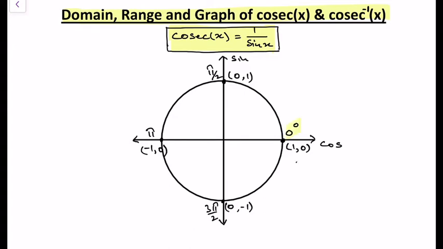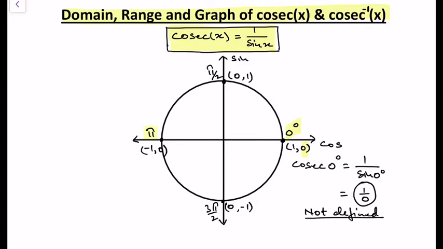Now at 0 degree, cosec 0 will be 1 over sin 0, and sin 0 is 0, so it will be 1 over 0, which is not defined. Now at pi, cosec pi is 1 over sin pi, where sin pi is 0, so 1 over 0 is not defined again.